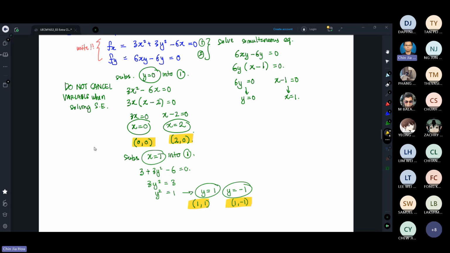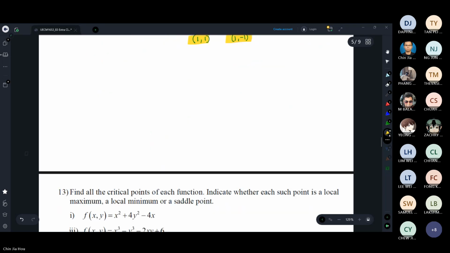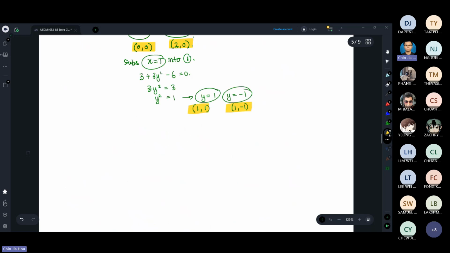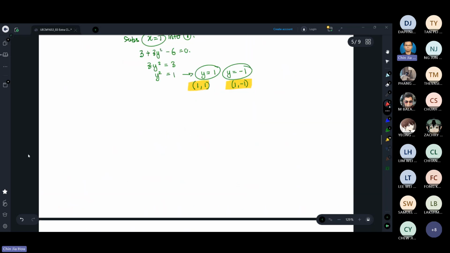The next section of the solution is the D test. Remember the D here? So the D formula for the third one, okay? I call it the D test.